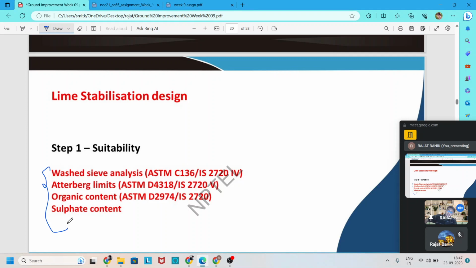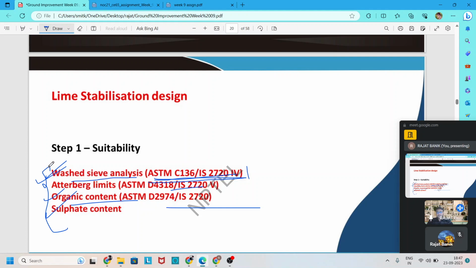The first one is sieve analysis, and for this we use ASTM C136 or IS 2720 for finding the Atterberg limits. We also use IS 2720 Part 5 for finding the organic content. We use IS 2720 and also find the sulfate content.